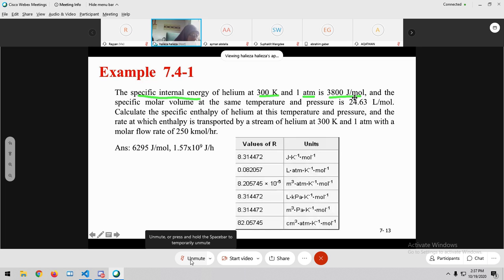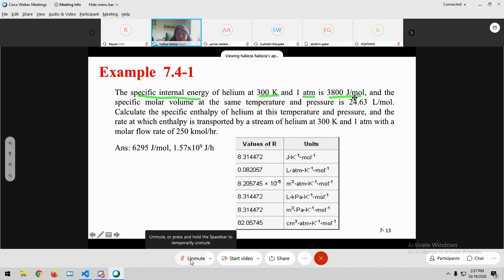You need to find the specific enthalpy of this helium when you have a molar flow rate of 250 kilomole per hour. Calculate the specific enthalpy and the rate of enthalpy.